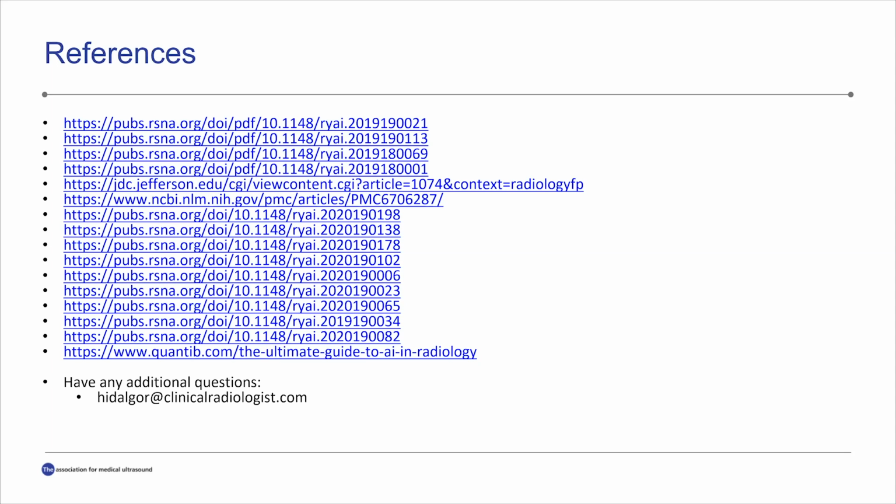Have I seen any AI applied to OBGYN ultrasounds? I have, and there are a few articles out there that talk about trying to do some of these measurements, the BPD and abdominal circumference and biparietal diameters, doing all those different measurements automated.